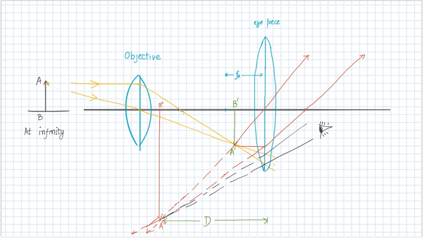if this point represents the focus of the objective, then this distance represents the focal length of the objective. Fine.